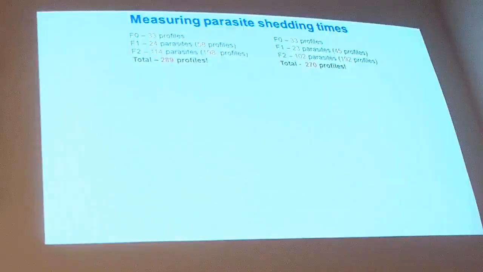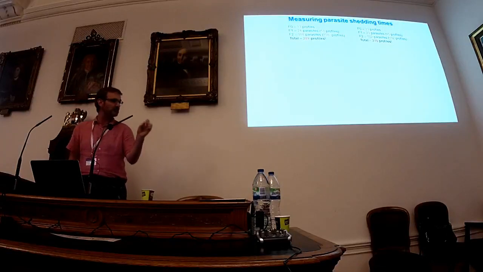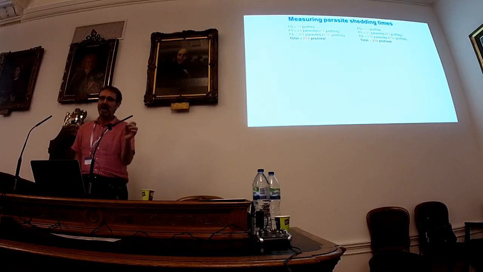I want to emphasize that this is an enormous amount of work to collect these phenotypes. Hélène and Gabriel, to measure these phenotypes, you put a snail in a little jar, and you move it every hour to a new jar, and you count all the cercariae that are shed.